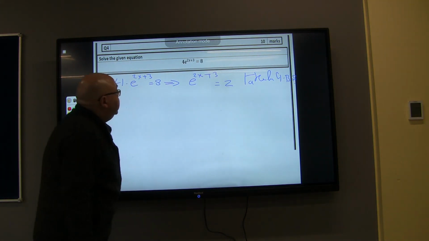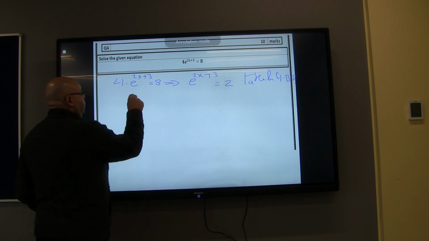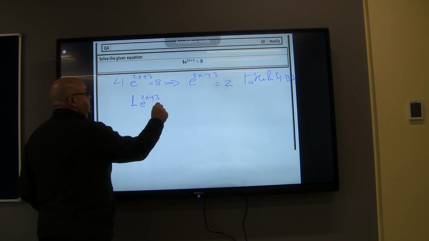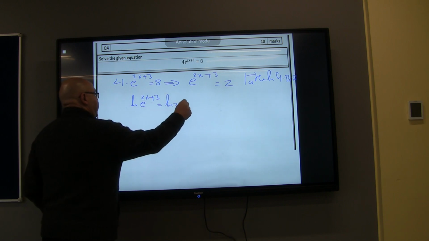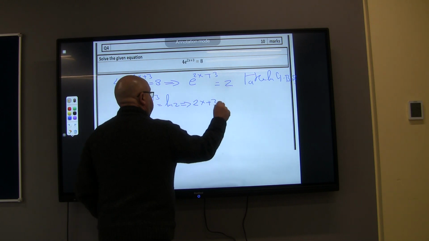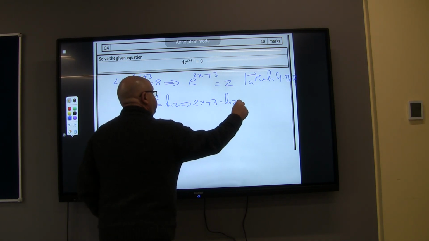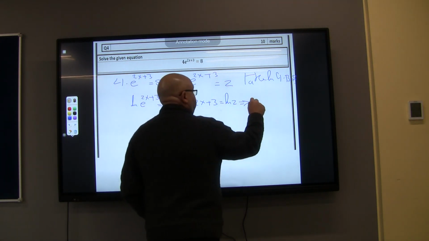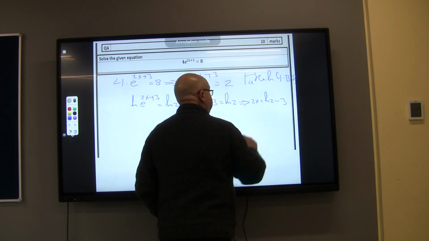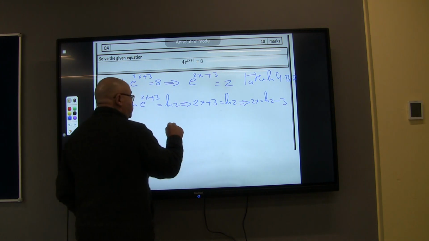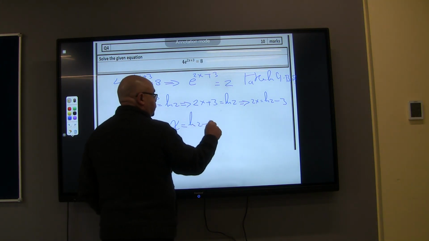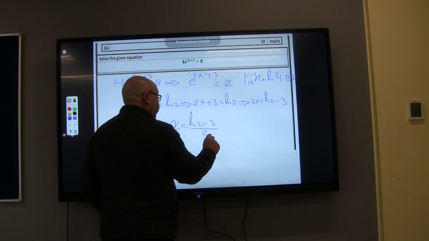Once you take ln for both sides, you will end up having ln e to the power of 2x plus 3, which equals ln 2. We will have 2x plus 3 equal ln 2, and this will deliver 2x equal ln 2 minus 3. Start dividing by 2, and you will end up having x equal ln 2 minus 3 divided by 2.